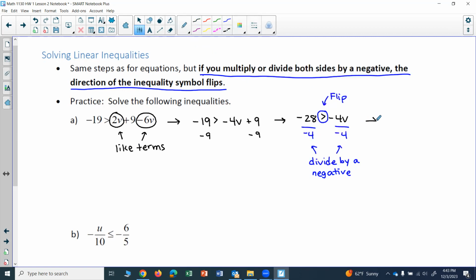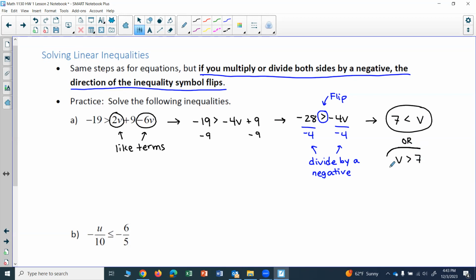And so this will become negative 28 over negative 4, which gives me a positive 7. The inequality symbol flips to a less than, and then I have v by itself on the right-hand side. So 7 is less than v, or you could write it as v is greater than 7.